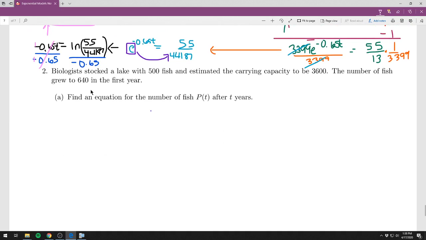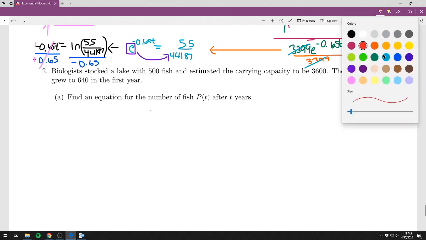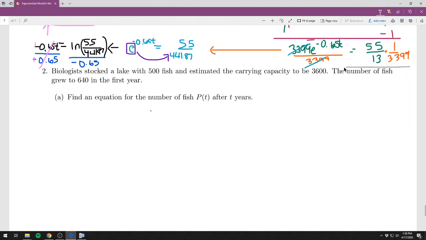All right, so the last one I have here is just a different kind of problem like this. It says biologists stocked a lake with 500 fish and estimated the carrying capacity to be 3,600. So we've got stocked a lake with 500 fish.